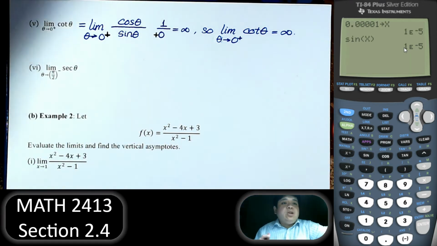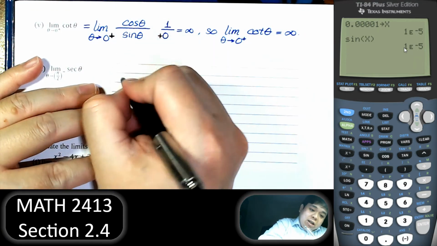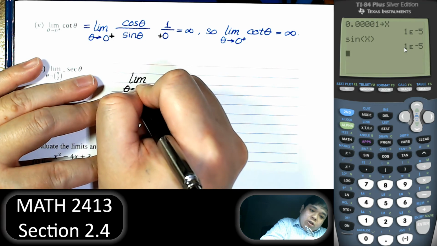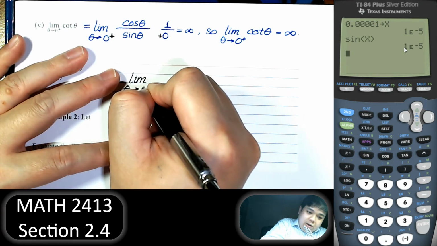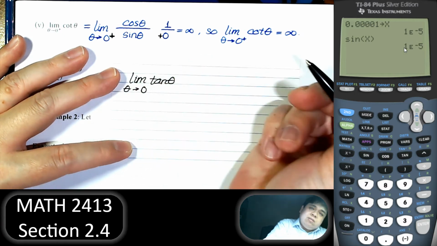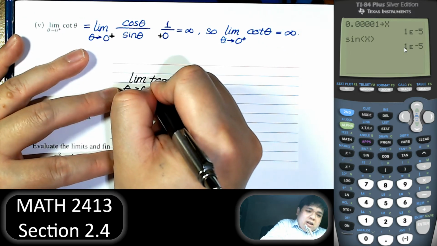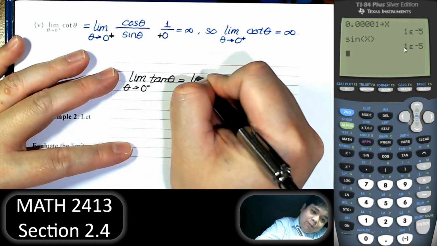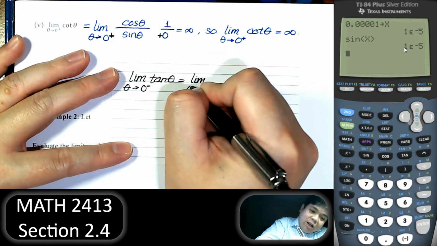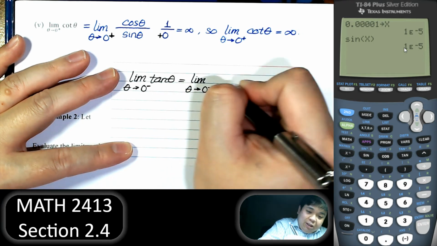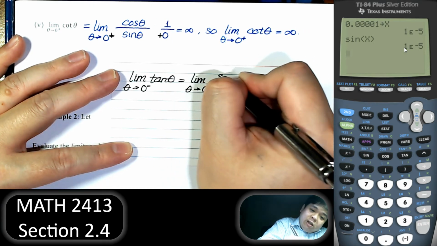Now, let's do a different example. Let's say what is the limit as theta goes to 0 of tangent of theta. Let's say from the left hand side, it doesn't matter. And tangent, if we want to rewrite that as a fraction, tangent is sine over cosine.